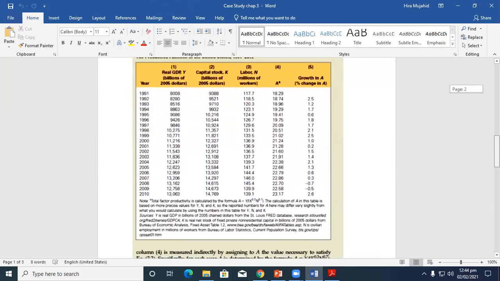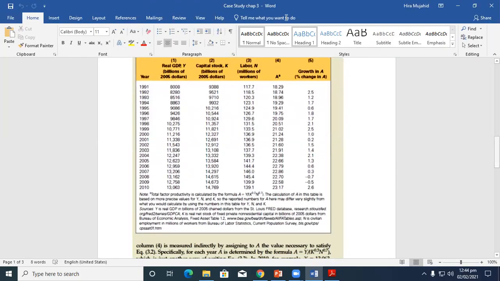For this, we will make another equation. I'm going to write it: Y = A K^0.3 N^0.7.